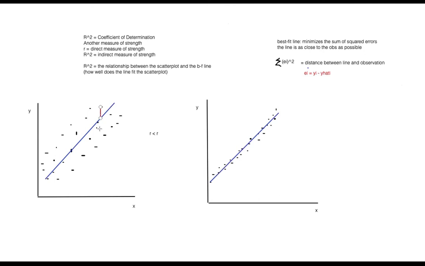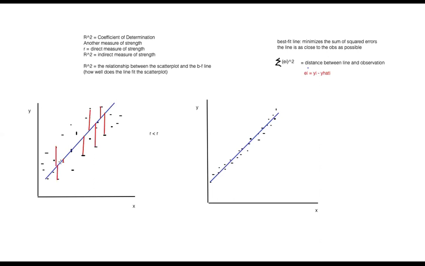Right, so here's the vertical distance, here's the vertical distance, here's another one, etc. So you do it for every single observation. Oh, this one is already on the line. So for this observation, y_i equals y hat i in that case, right?